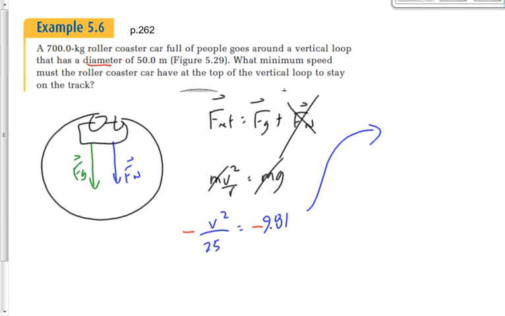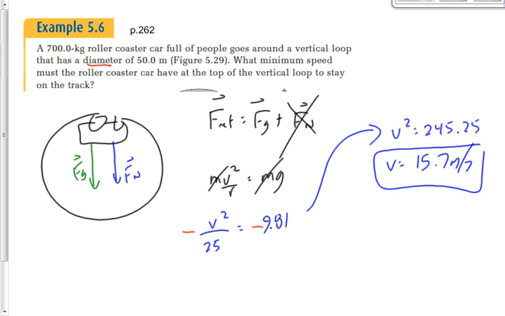Let's take the negative 25 up by multiplying. We get 245.25. Negative times a negative, negative 9.81 times negative 25, positive 245.25. Square root that. And when we do, we get 15.66. We're going to round that to 15.7 meters per second.